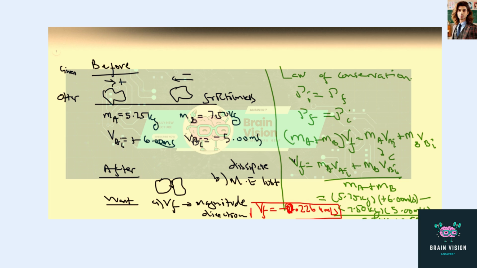In terms of the requirements of the problem, the magnitude is just the speed, which is 0.2264 meters per second, and the direction is towards the left. So it seems that the heavier one will push the lighter one towards the left.